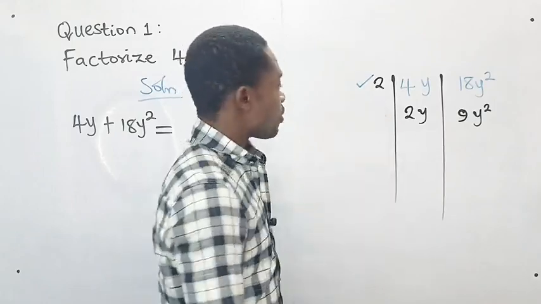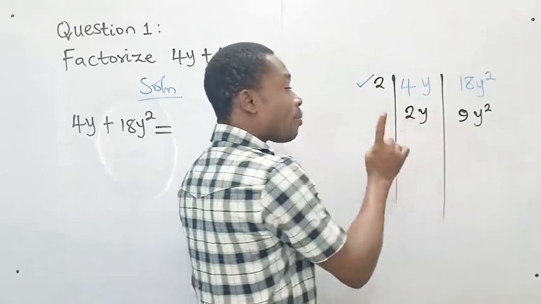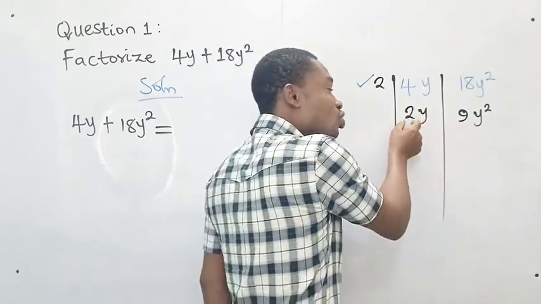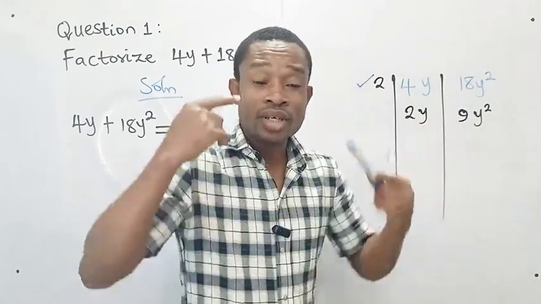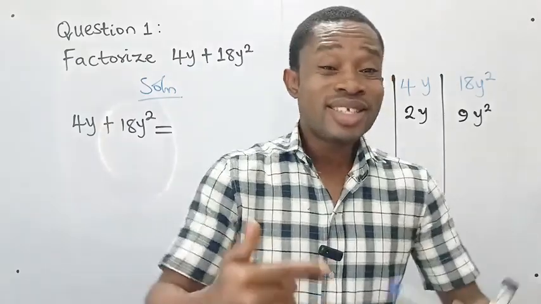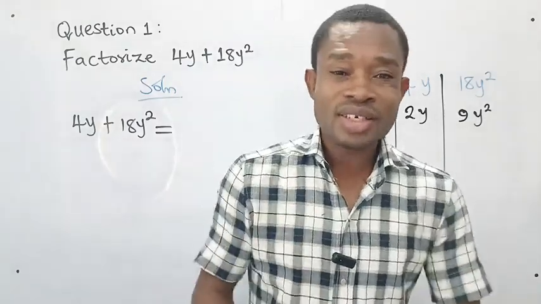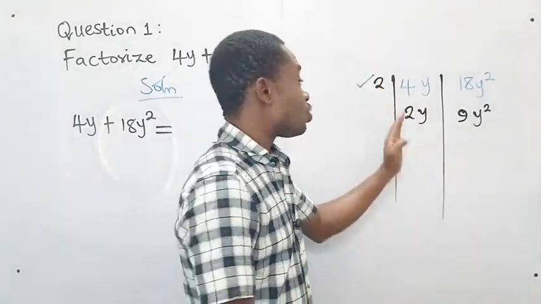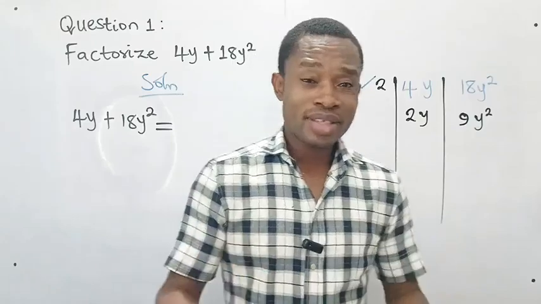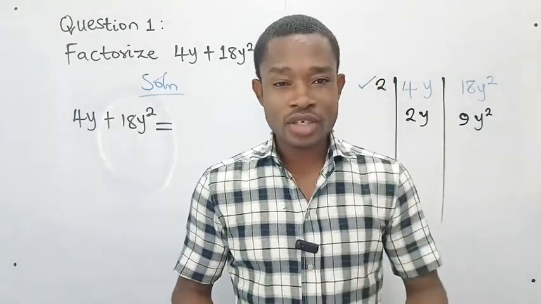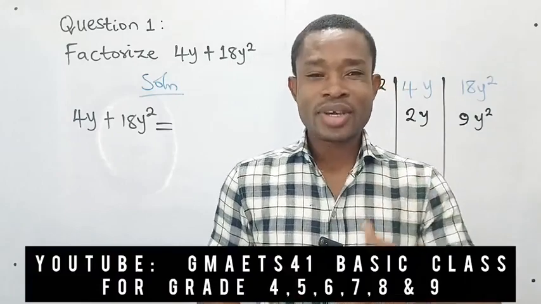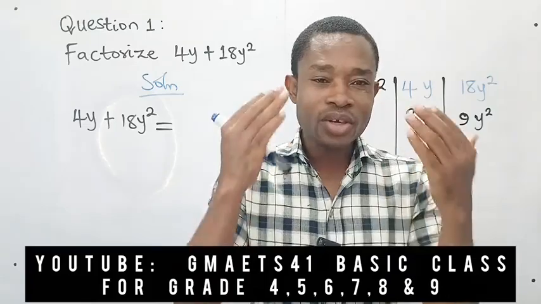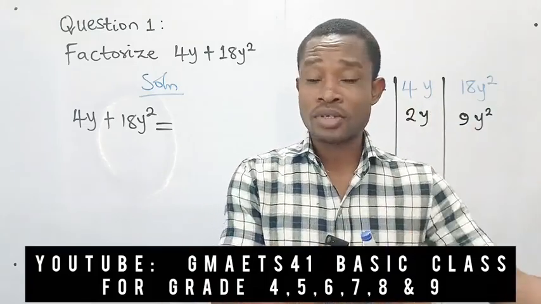Okay? All right. Now, if you look at this, there is no number that can divide these 2 here and also divide 9. No other number. Multiplication table is the only thing that will help you know that there is no number that can divide 2 and 9 again. As a matter of fact, on this channel, GMAETS41 Basic Class, I already taught how you can reduce fractions, how the knowledge of multiplication can help you out in reducing it.